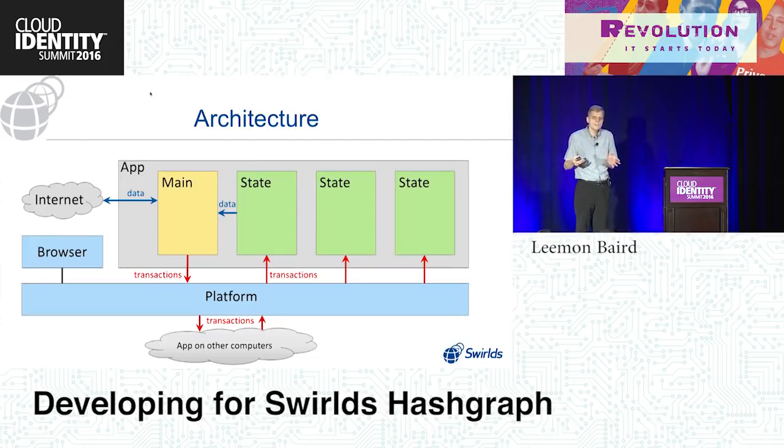Now, in parallel, at some point, the platform's going to say, you know what? As a community, we've reached a consensus. The transactions should have been in a different order. So here's what I'm going to do. I create a different state over here. I instantiate a new state, and I feed it those transactions in the correct order. That may take a while, but it happens in the background.